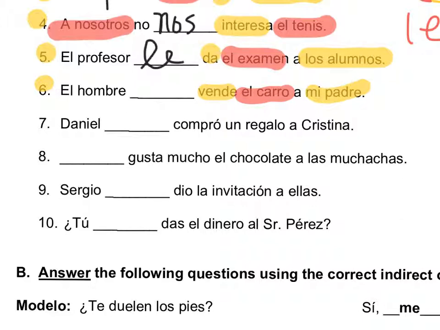What's our option? Our option is third person singular, a mi padre. So our answer is going to be: el hombre le vende el carro a mi padre.